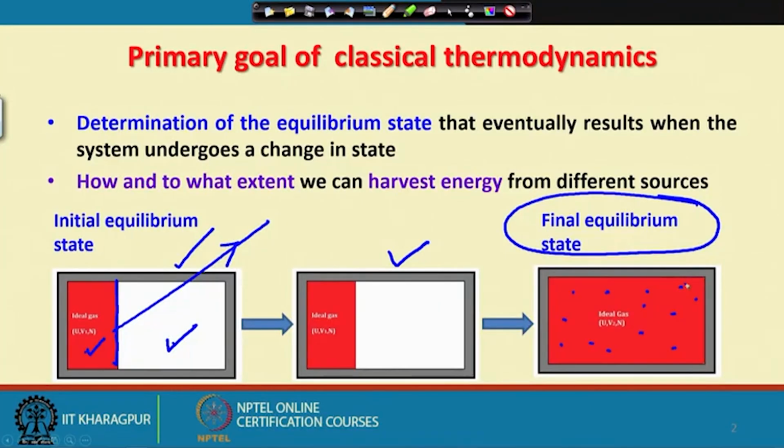And this means that you have passed from an initial equilibrium state to a final equilibrium state. And the question that you ask is, during such a process, can I harvest energy for some useful purpose?